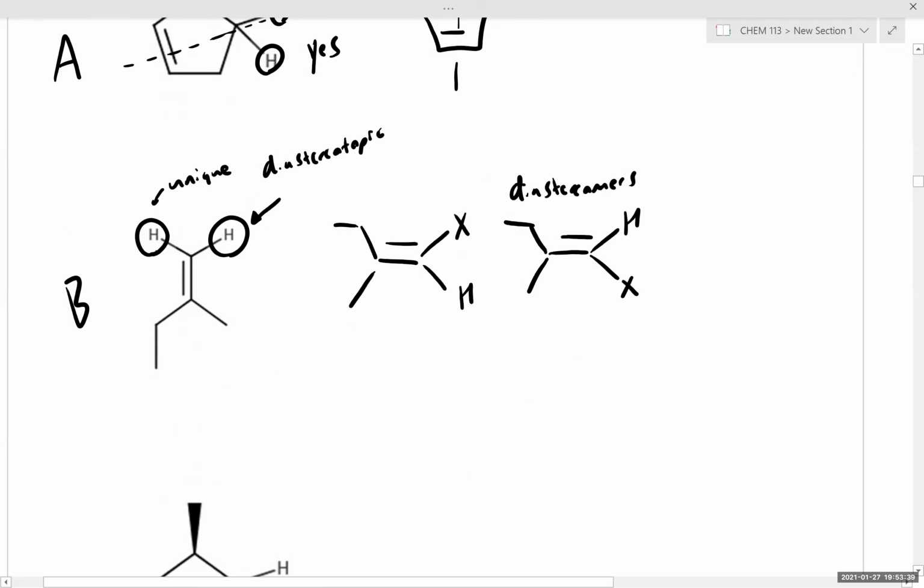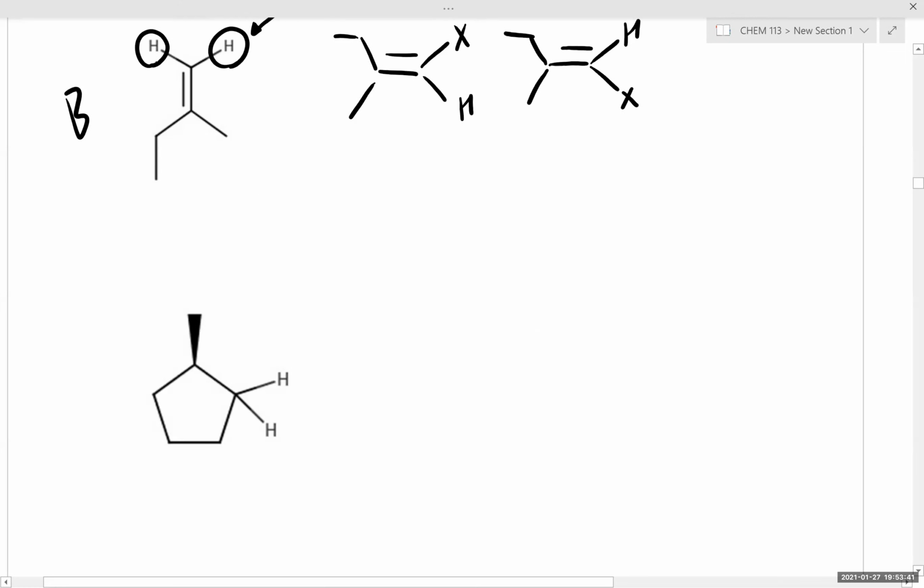Now let's look at one that's a little bit interesting. For C, are these two protons chemically equivalent? And you may want to try the substitution test to verify your results.